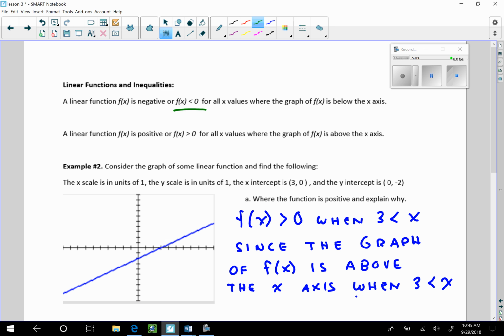You would not think that this would be an elusive topic, but for some students this is an elusive topic, and certainly a very important topic next year when we start talking about the graphs of the derivatives versus the graph of the original function. So we need to really completely understand when the graph of something or when a function is positive or negative.